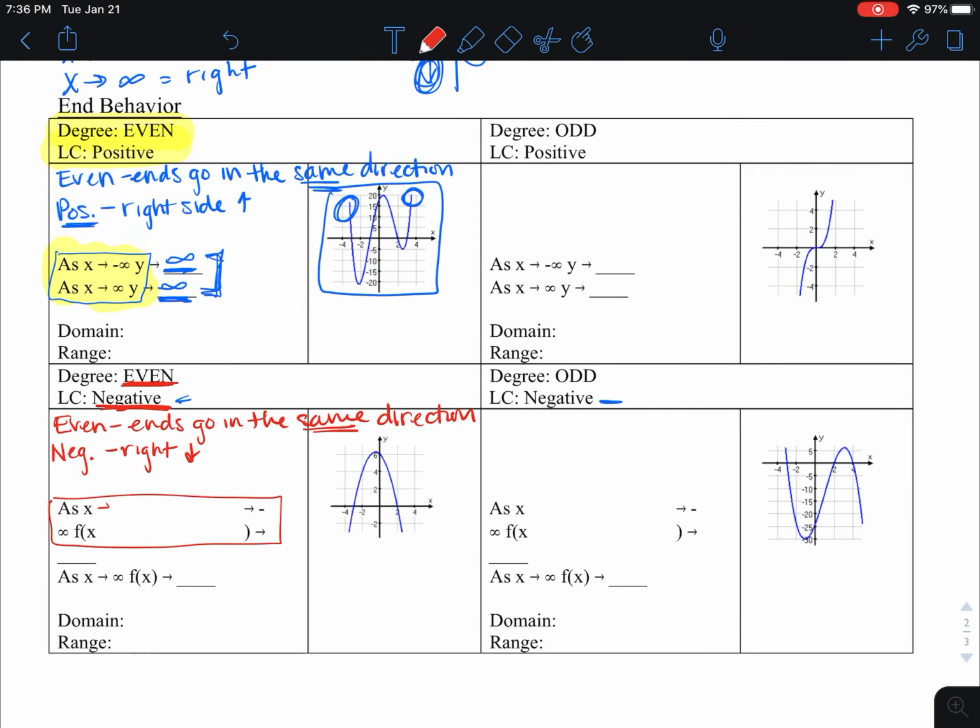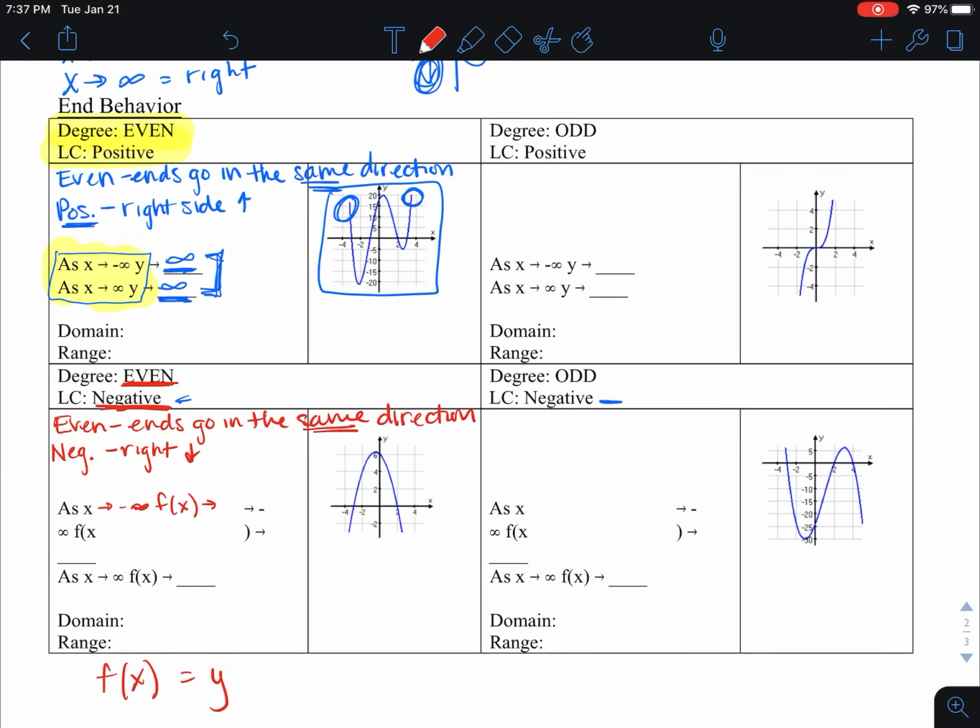As x goes to negative infinity is what it should say. I wrote this one a little differently just because I wanted you to get used to seeing it. As x goes to negative infinity, f of x goes to... remember, f of x is the same thing as y. They mean the same thing. Just because it says f of x doesn't change anything. If we know the 2 ends go in the same direction and we know it's negative, the right-hand side has to go down.